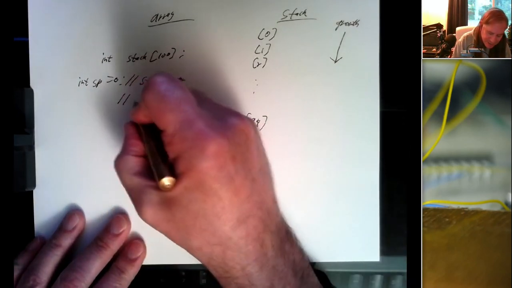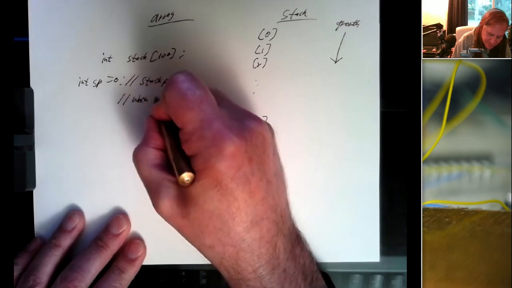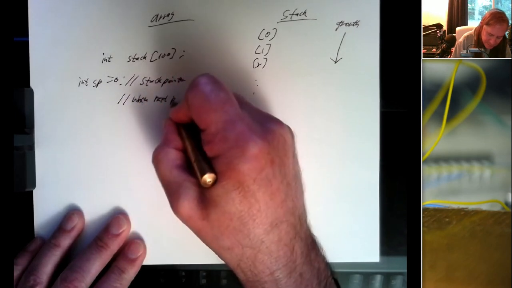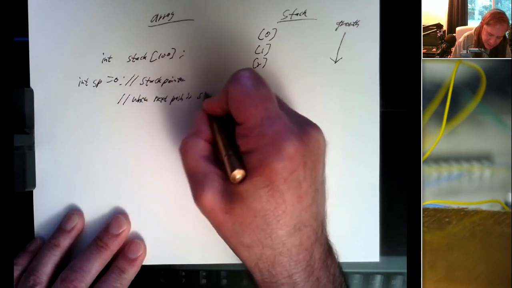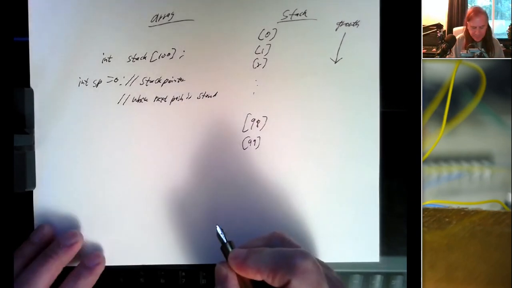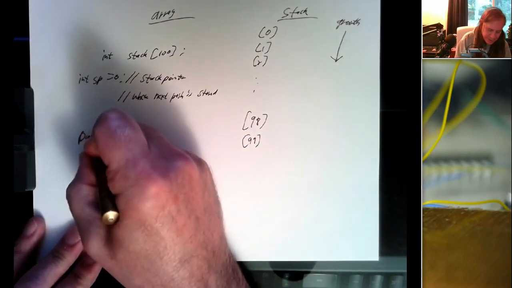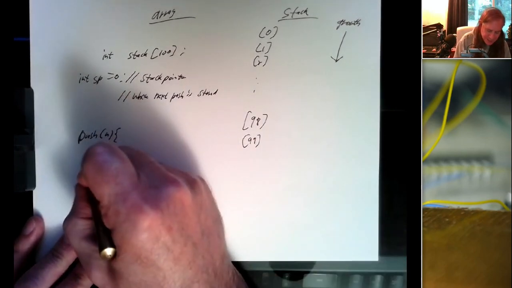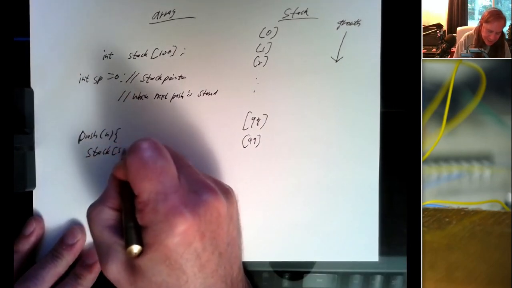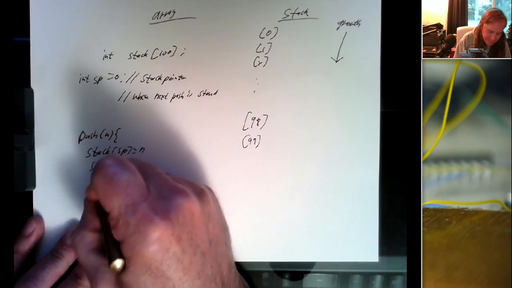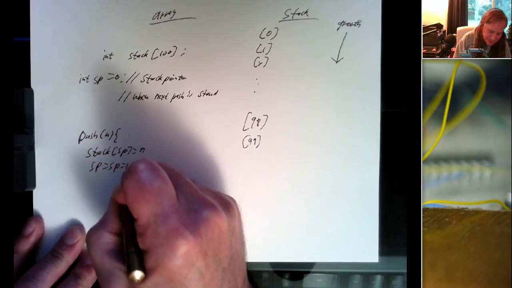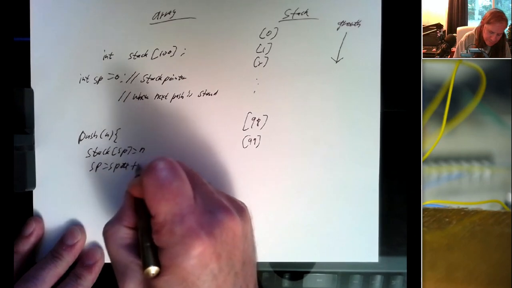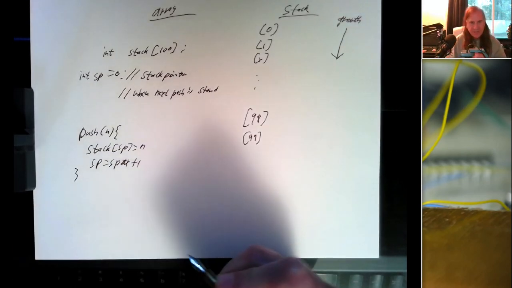So I'll put a comment here: this is where the next push is stored. Alright, so if we want to say push n, all we have to say is stack[sp] = n, sp = sp + 1. That's our whole push function.